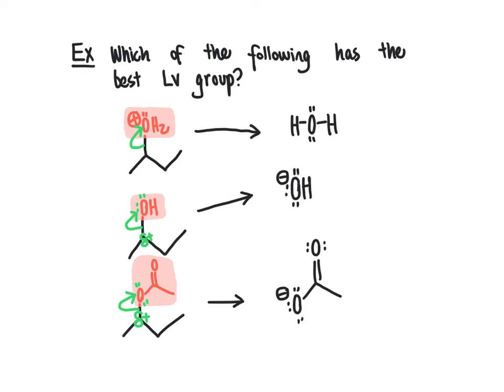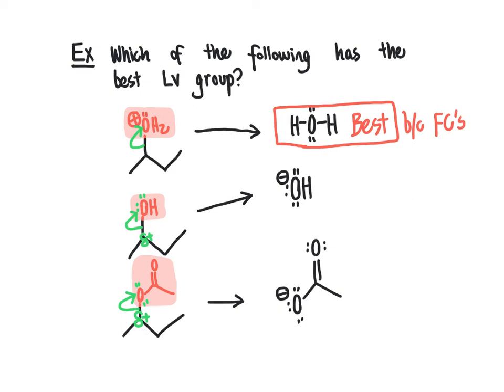And so for that reason, our winner here is definitely going to be water. Of these three leaving groups, water is the best because it has no formal charges. So we have no formal charges to fuss with, and that's going to create a very stable leaving group.